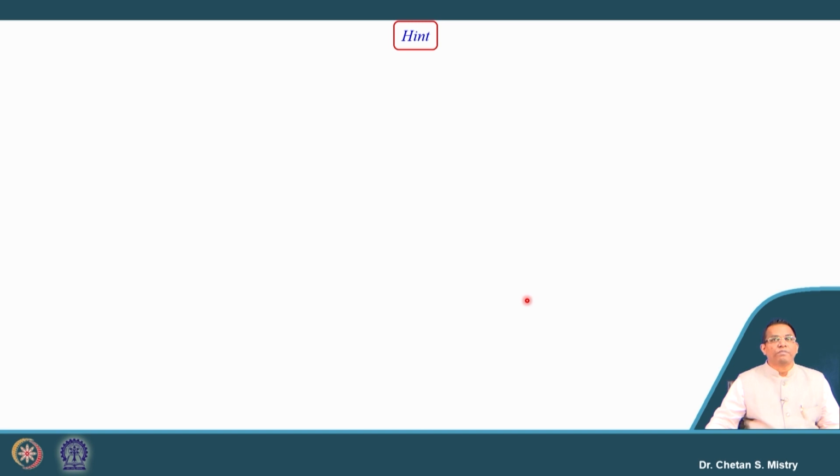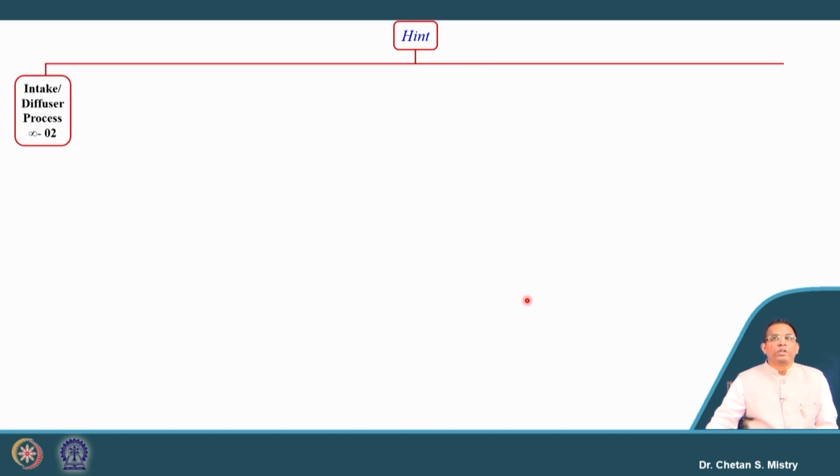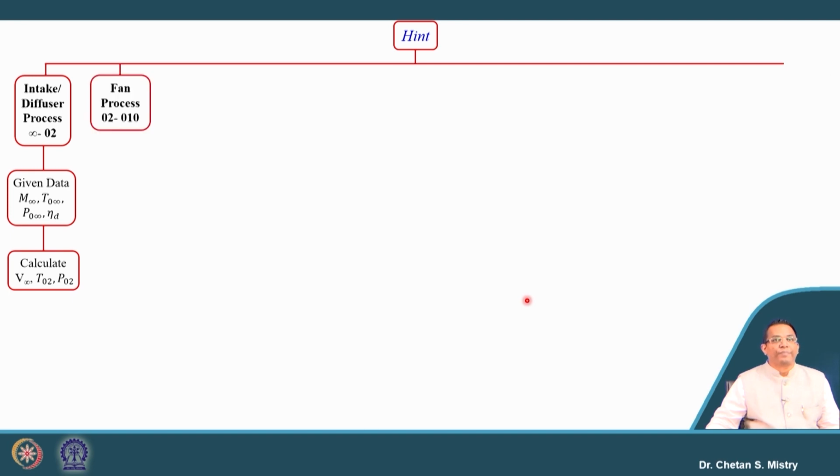The very first thing we will do is put down all our components and what information is available for them. For the intake, we know the diffuser efficiency, the temperature and pressure at the entry, and the Mach number is 0 since it is a ground condition. That will help in calculating the exit pressure and temperature from the intake.